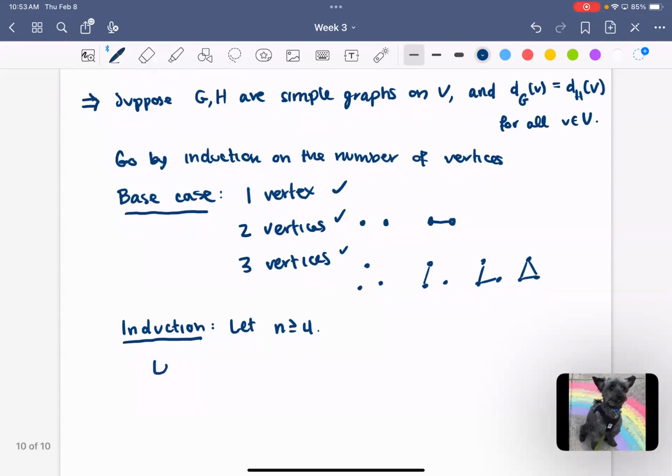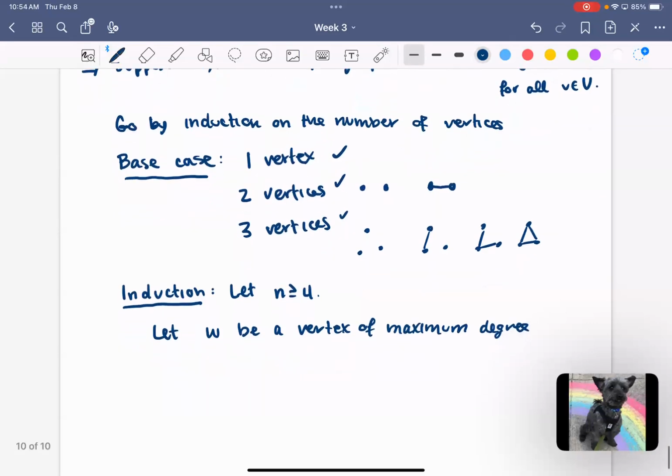So I'm going to let W be a vertex of maximum degree. And I'm going to call that maximum degree delta. Okay, so in both graphs, W has the same degree. So it's not confusing to speak about just the maximum degree. We mean that it's the maximum degree in both graphs.